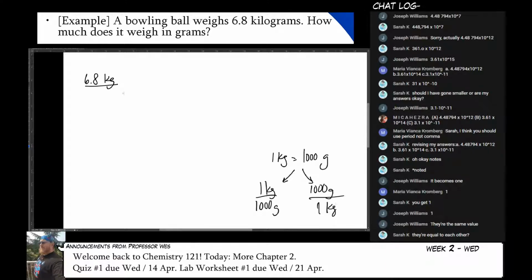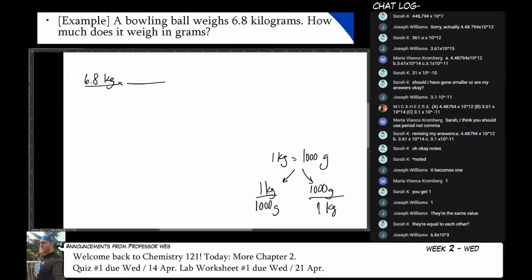And now I can just multiply this quantity by my conversion factor, and I will choose the one that has the units in the right spot. Well, if these kilograms right here are what I want to cancel out, I've got to put it in the same spot so that this happens, right? So I'm going to pick my units with that in mind. My goal is to cancel out the units I don't want to get the units that I do want. So what should go in the crossed out space?